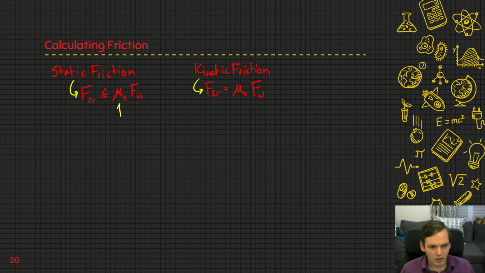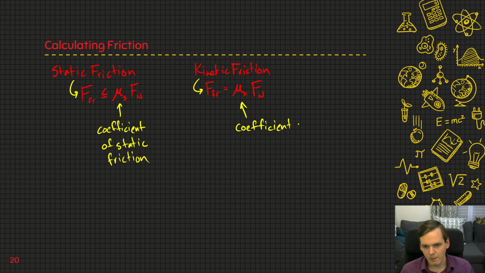The mu s right here is the coefficient of static friction. And the mu k right here is the coefficient of kinetic friction.